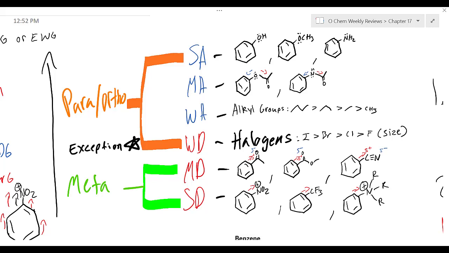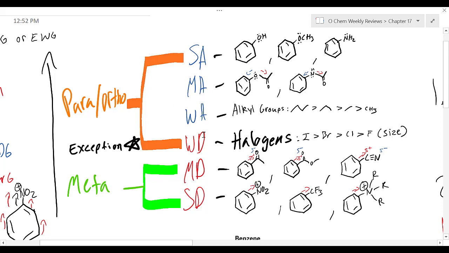Within our activators and deactivators, we have different categories: strong activators, moderate activators, weak activators, weak deactivators, moderate deactivators, and strong deactivators. Now, these four, strong activator, moderate activator, weak activator, and weak deactivator, are all para and ortho directors.